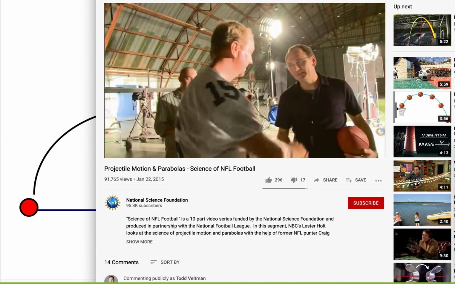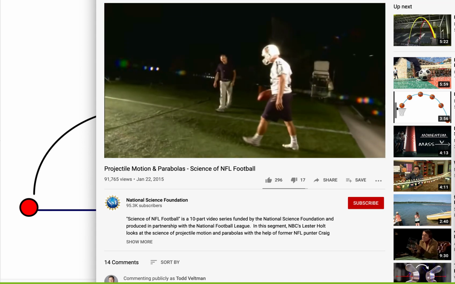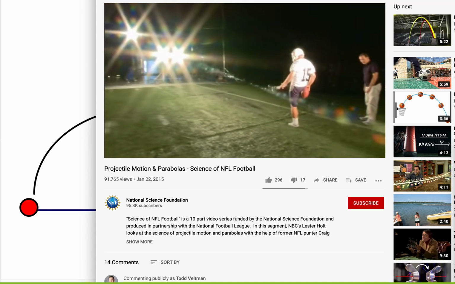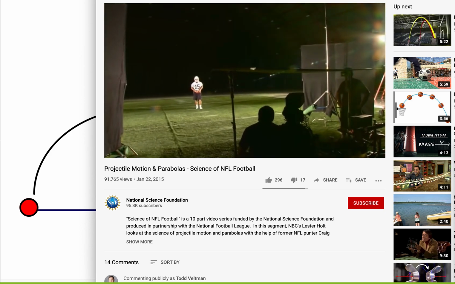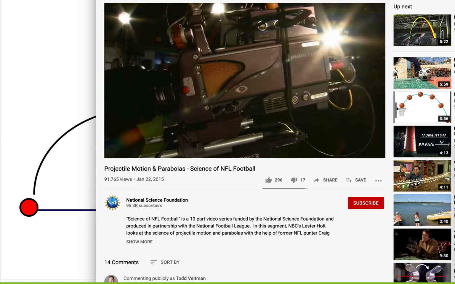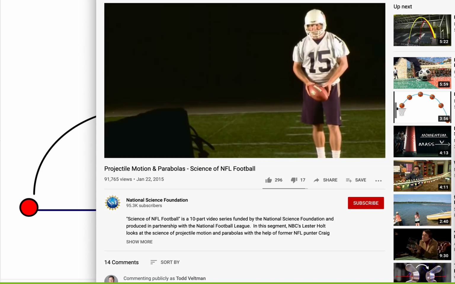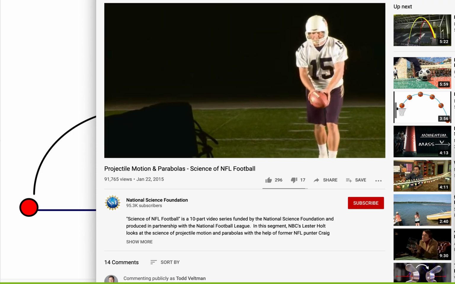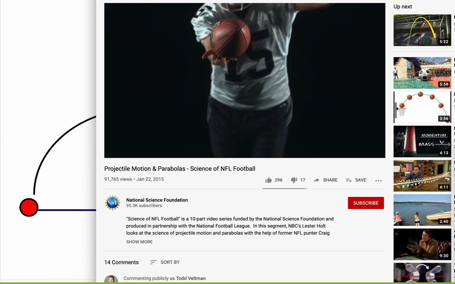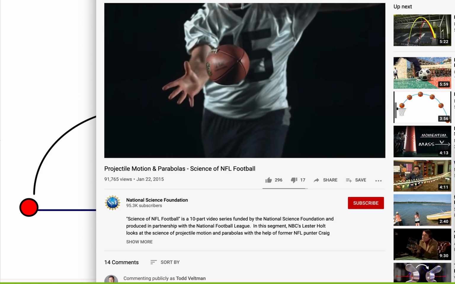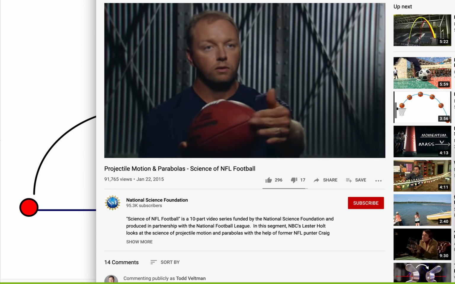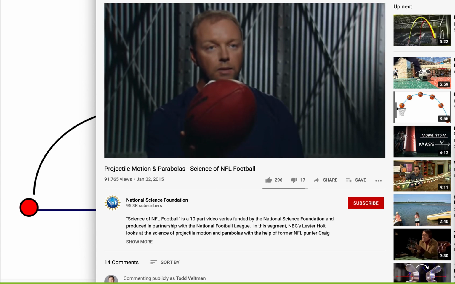To help us understand projectile motion and parabolas, we asked Hendrick to perform his craft in front of a super high-speed camera called a phantom cam. It all begins with the drop. And action. The ideal drop, the ball has to stay level, or with the nose or the front of the ball slightly up.